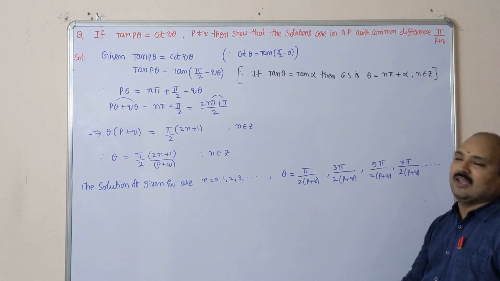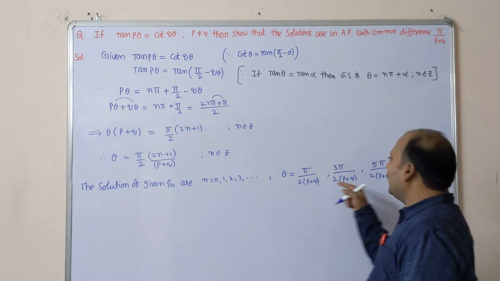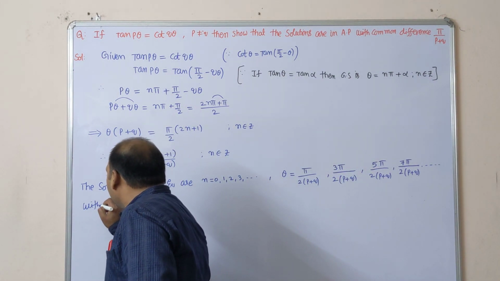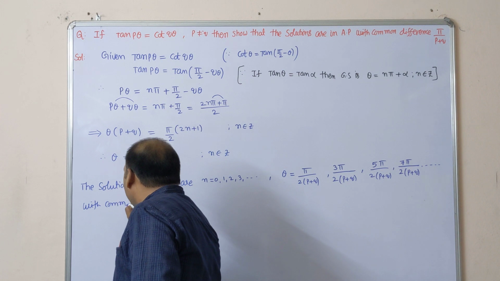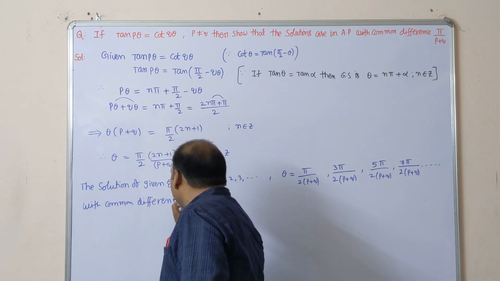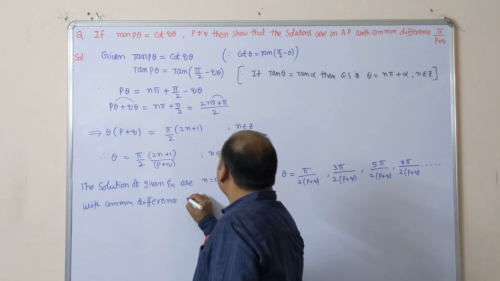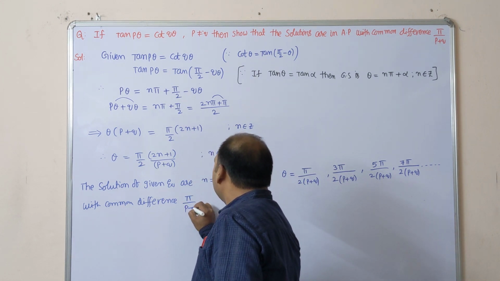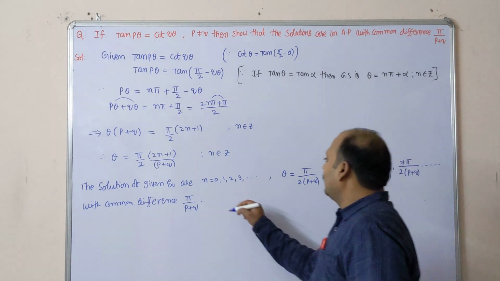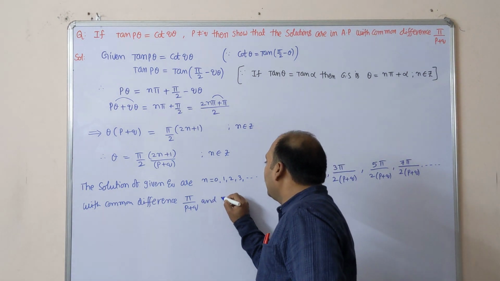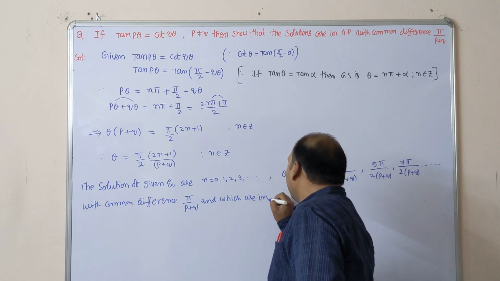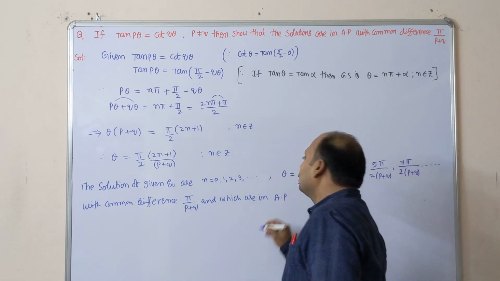So these are the solutions with common difference pi by p plus q, and they are in arithmetic progression.